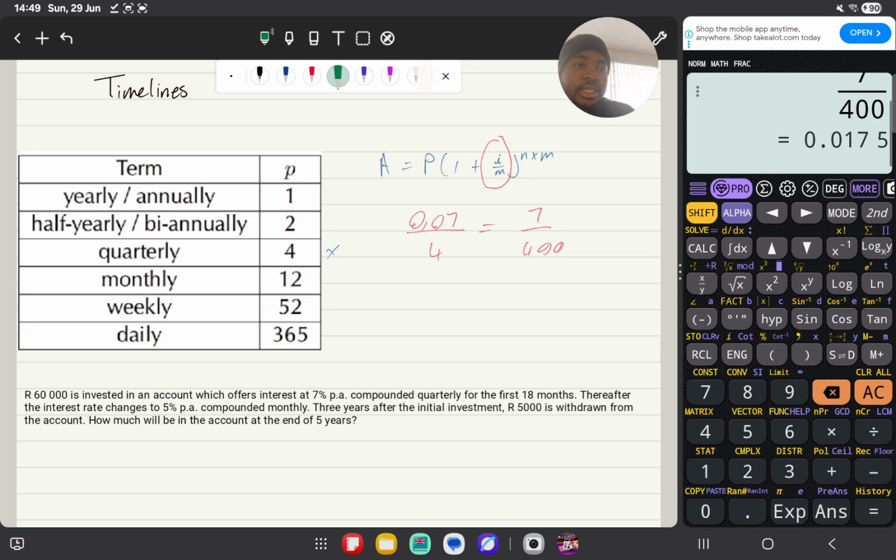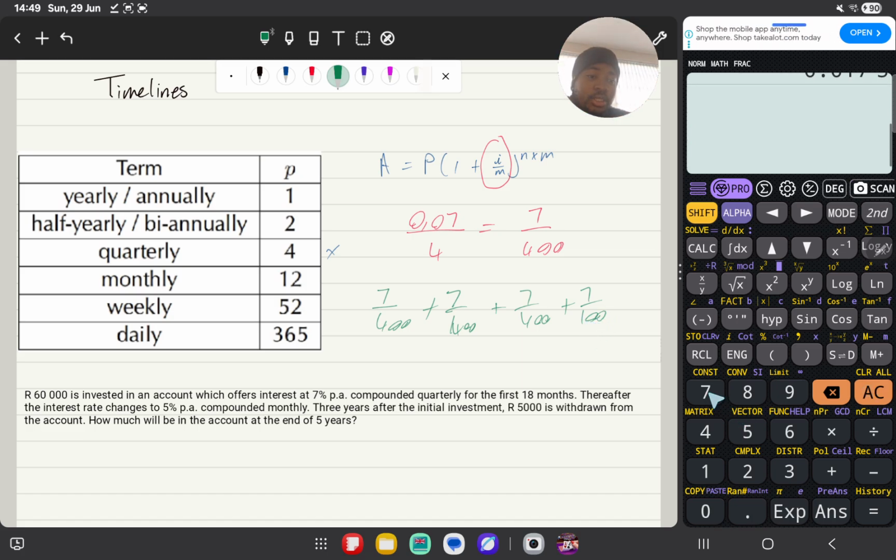Now when we take these, 7 over 400 plus 7 over 400 plus 7 over 400 plus 7 over 400, because there are 4 times, like January, February, March, April, May, June, July, August, September, October, November, December. 4 times.